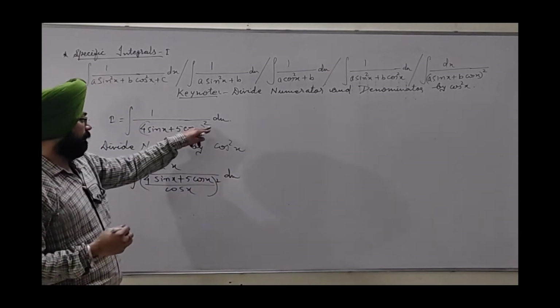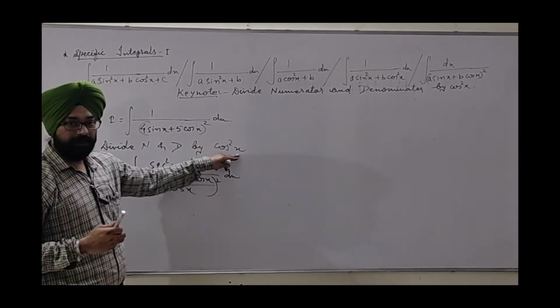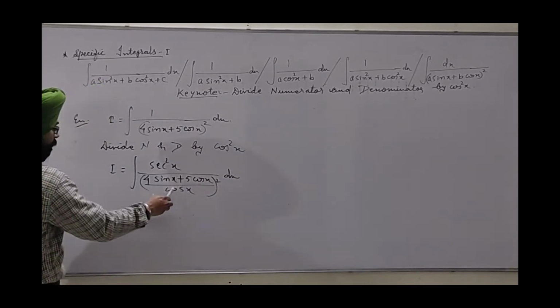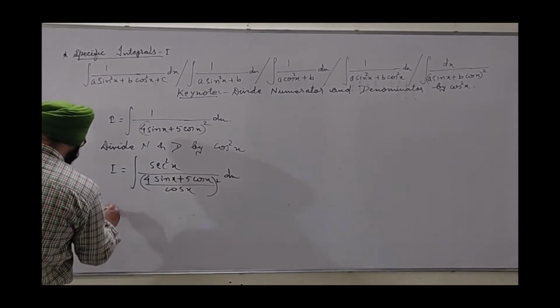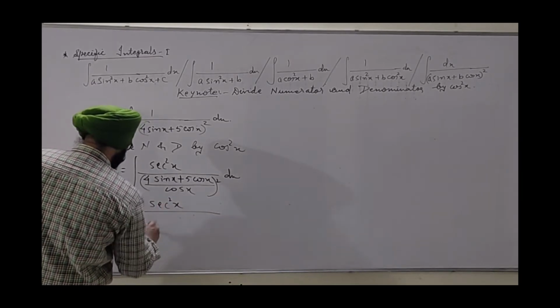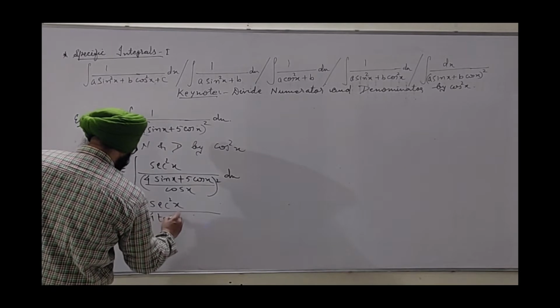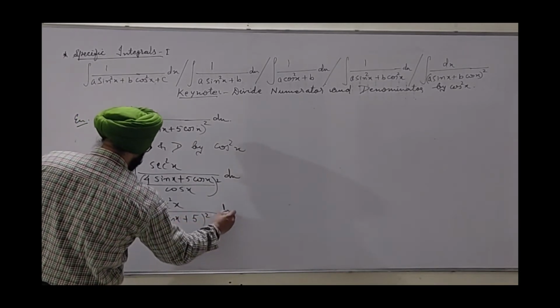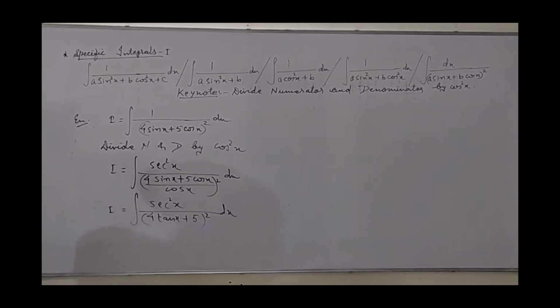As this is a whole square and cos square also has the power 2, we have taken this power 2 common. Now this can be separated in each term to make it sec square x upon (4 tan x plus 5) whole square dx. We can see this denominator has completely been written in terms of tan.